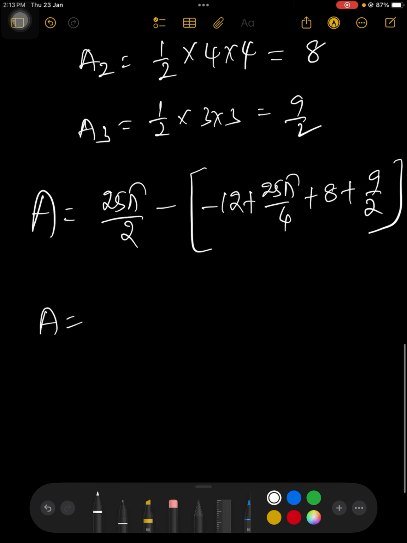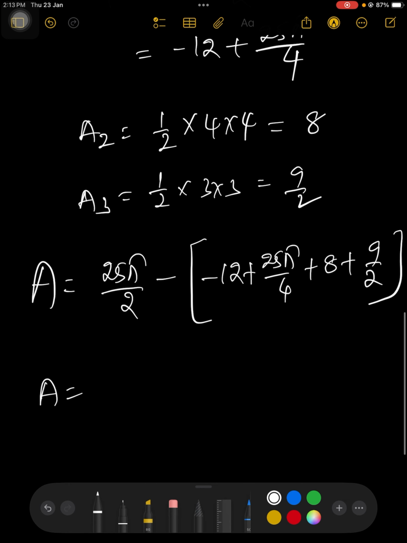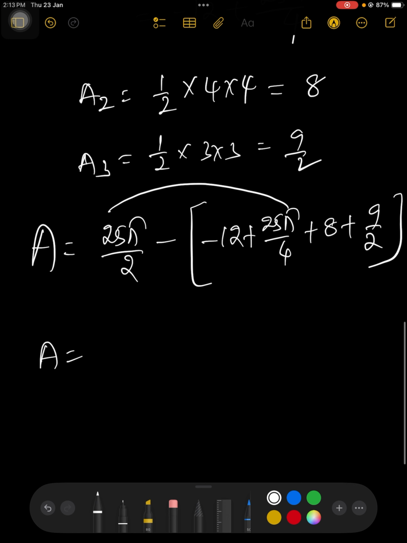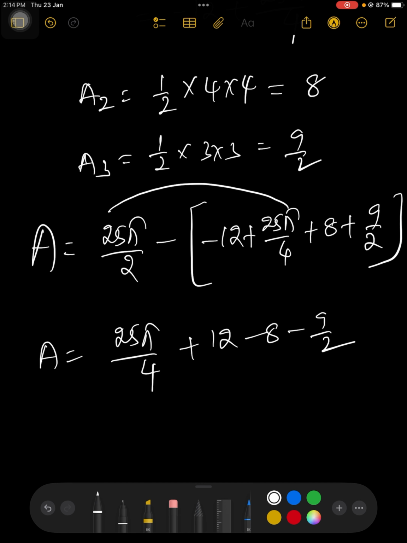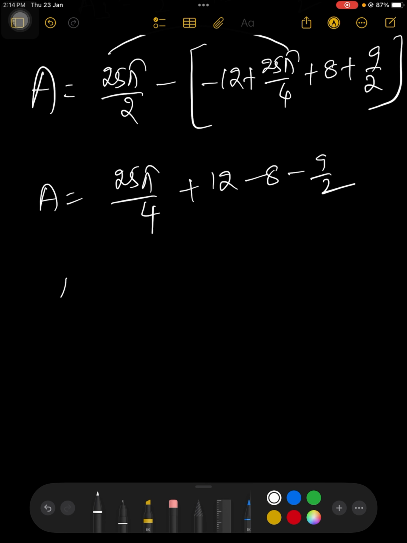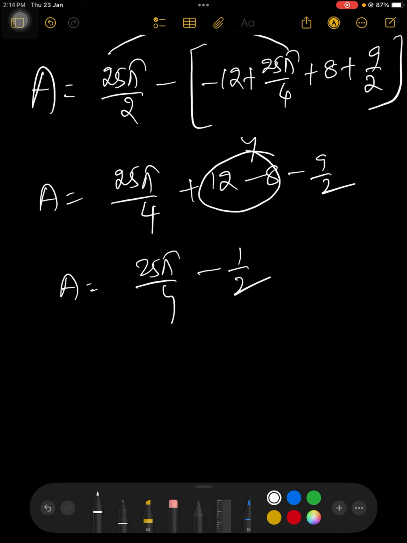So A equals 25π by 2 plus 25π by 4, this one if you subtract, then you will get 25π by 4, plus 12 minus 8 minus 9 by 2. Then 12 minus 8 is 4, and 4 minus 9 by 2 is minus 1 by 2. So clearly that is 25π by 4 minus 1 by 2.